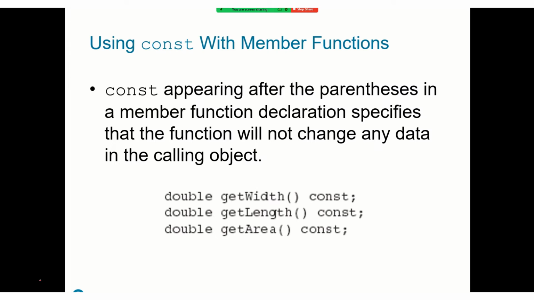But if you mention const after the function, that is the importance of using the const keyword, so that nobody attempts to change anything within the function. So that's the blessing of the const keyword.